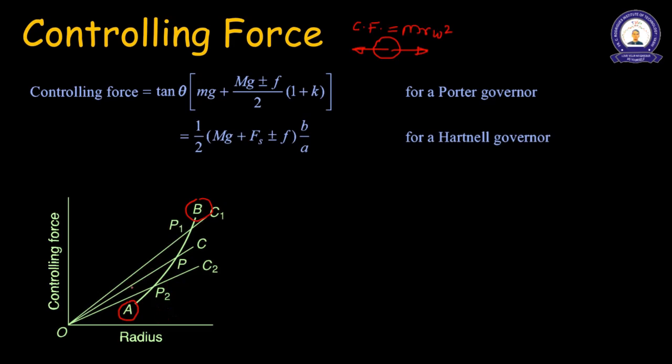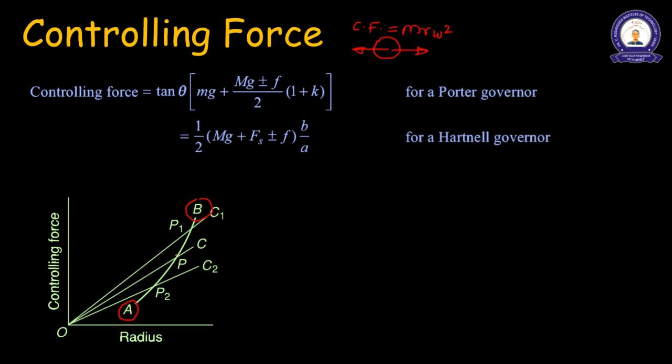Let's now discuss these straight lines OC, OC1 and OC2. What we have done is, keeping the speed constant, we have changed the radius of the fly ball, and the corresponding change in controlling force has been plotted with respect to radius. So this gives us these straight lines OC, OC1 and OC2. Where these straight lines intersect our curve for the governor are the specific radii of rotation for the given speed.